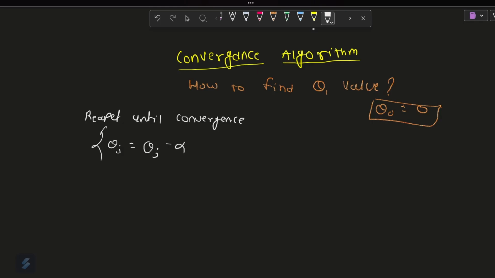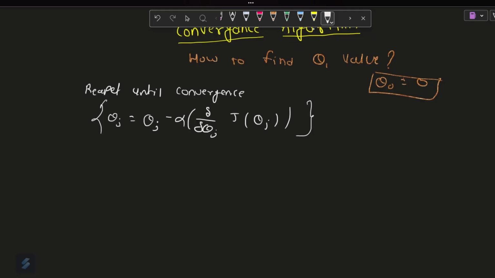What is alpha? We will understand that in this video also. And this is the derivative of J of theta j with respect to theta j. That is our final aim. So how we calculate it, we will understand one by one.